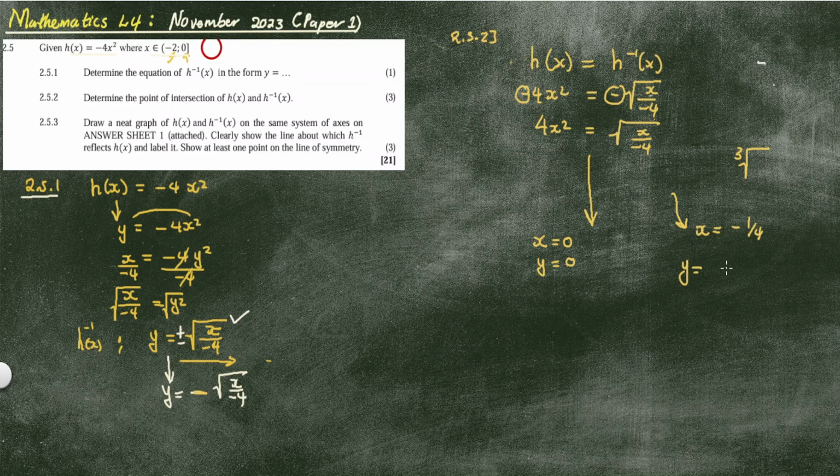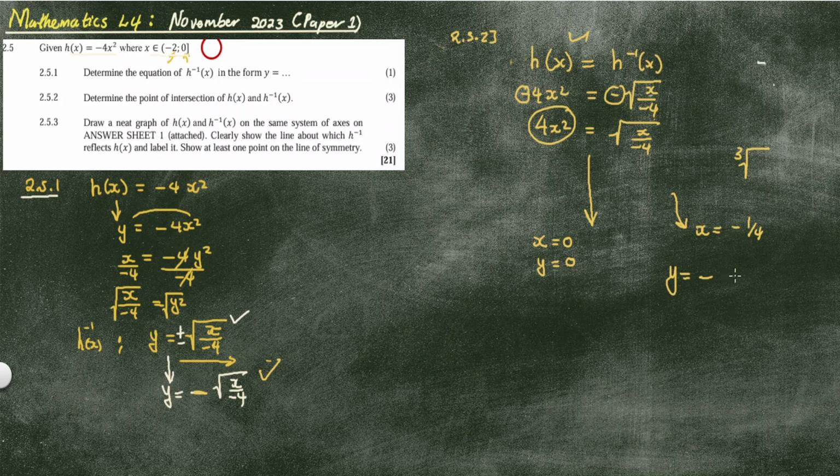Let's get y. So now y is equal to, so we are going to use 4x squared, equal to 4 over... I don't want to explain too much, but either equation, whether you use this one or that one, it doesn't matter.